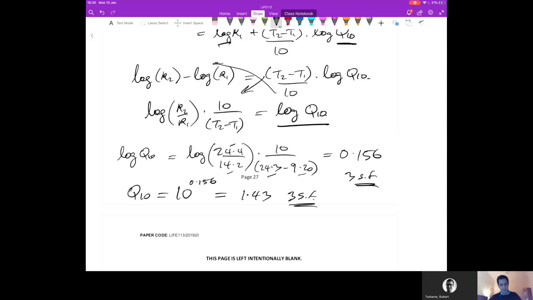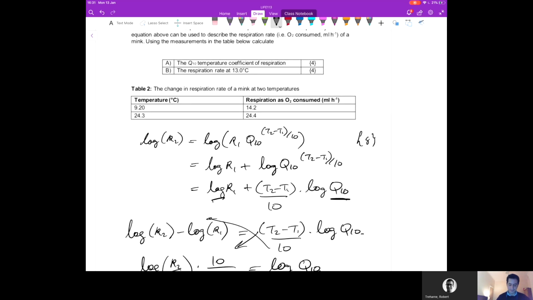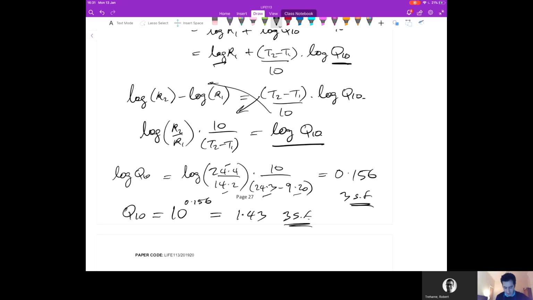Okay. That was 4 marks, right? My next part of the question was, what is the respiration rate at 13.0 degrees C? Okay, so this time I'm going to use this T1 term again, but I've got a different T2 value of 13 degrees. I'm trying to work out what the respiration rate is. So I'm just going to plug that into the equation.